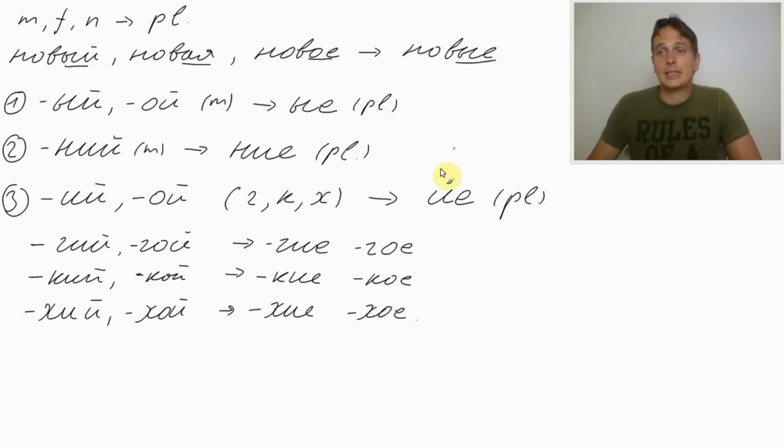So, as with all Russian rules, I want to tell you something about this. Russians, for example, do not learn them this way. While being at school, I have never seen these rules.